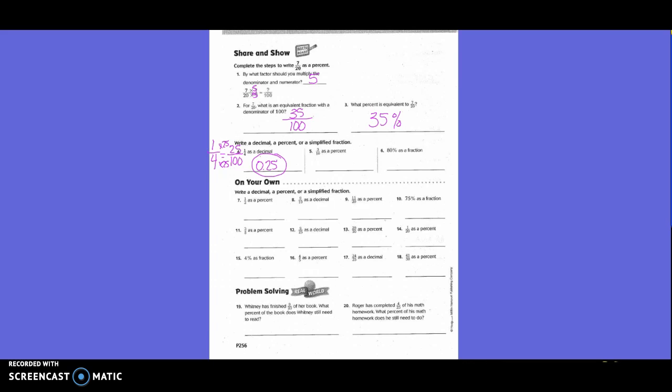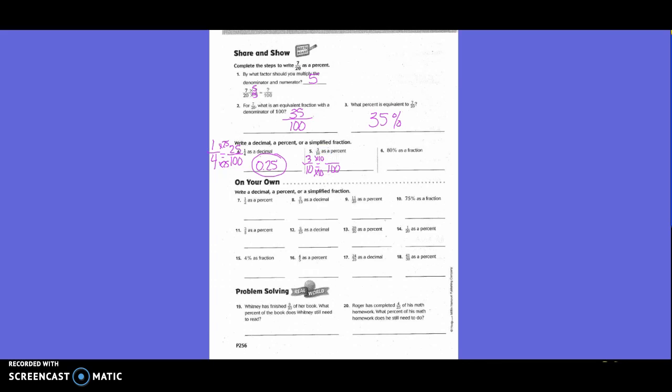They want 3/10 as a percent. So we need to convert 3/10 into an equivalent fraction, right? With what as the denominator? 100. So we have 3/10 equals something over 100. How did I get from 10 to 100? Times 10. So what I do on the bottom, I also have to do on the top.